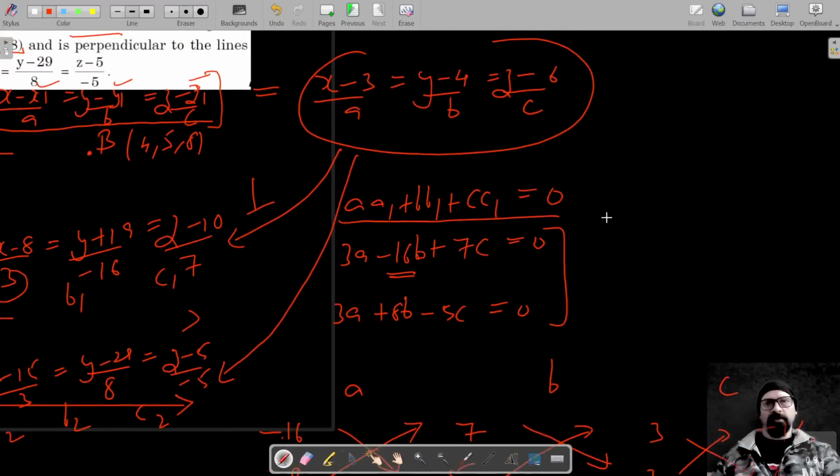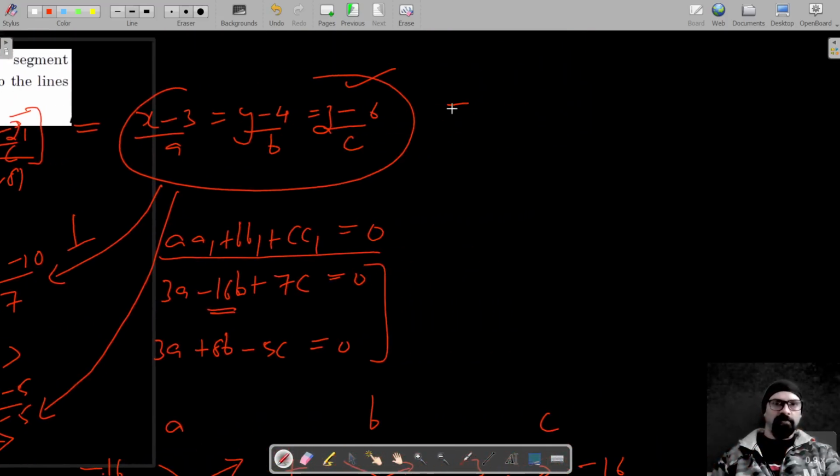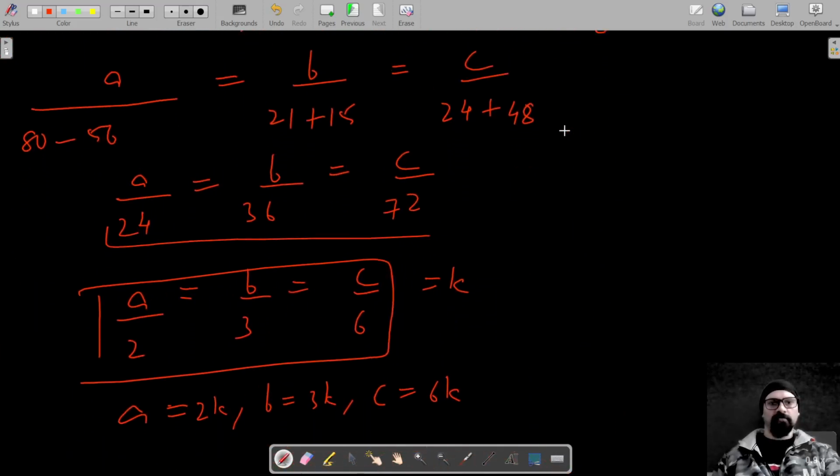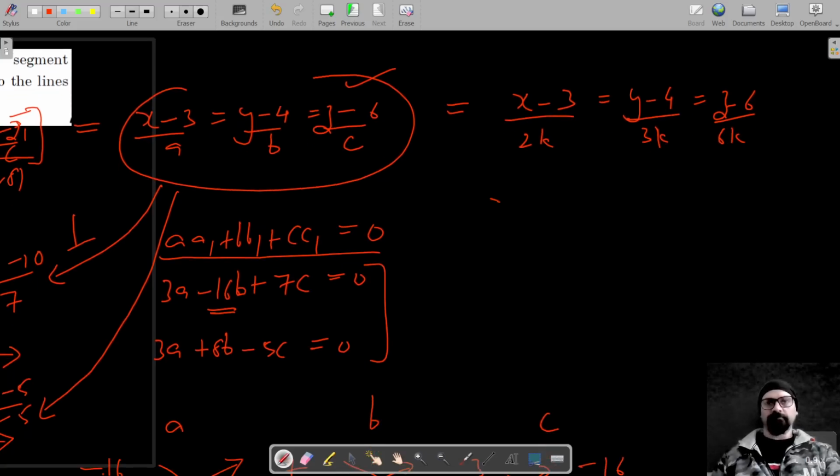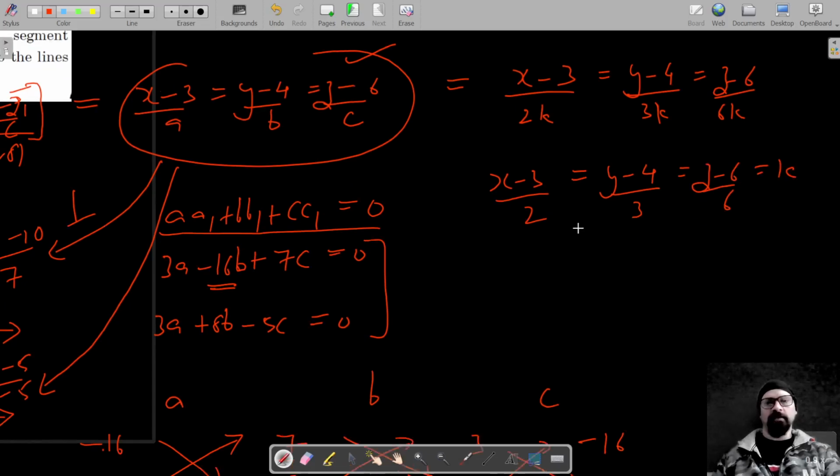If we put the respective values in this equation, our required equation of the line becomes (x minus 3) by 2k, (y minus 4) by 3k, and (z minus 6) by 6k, which is equal to k.